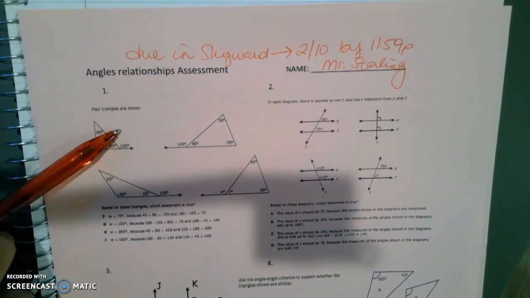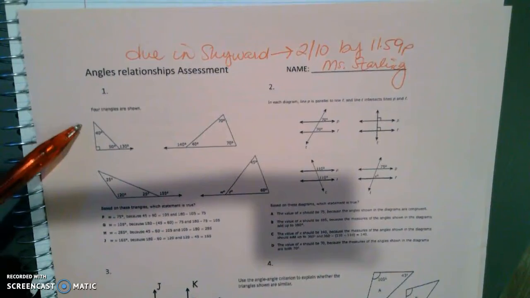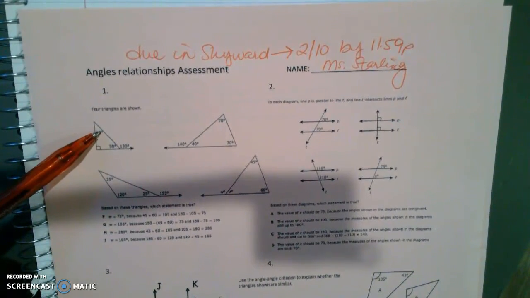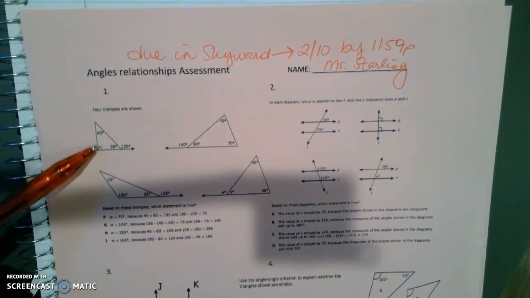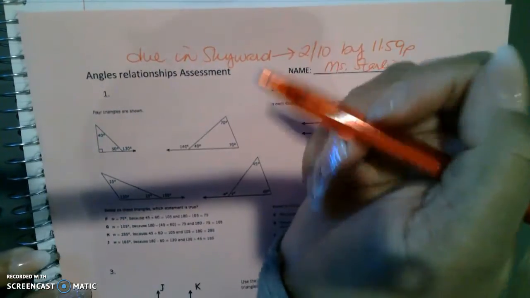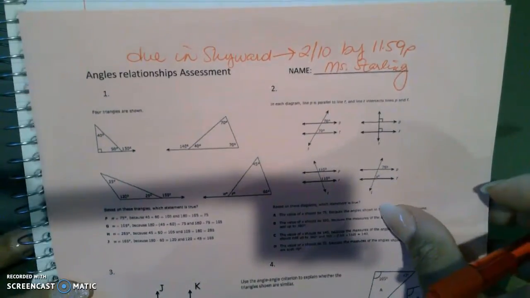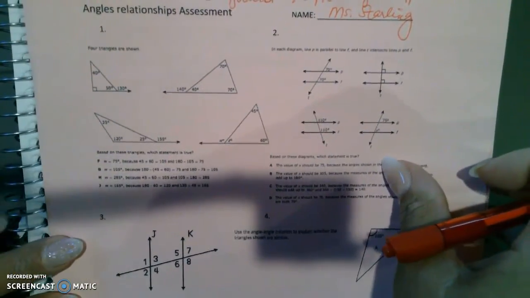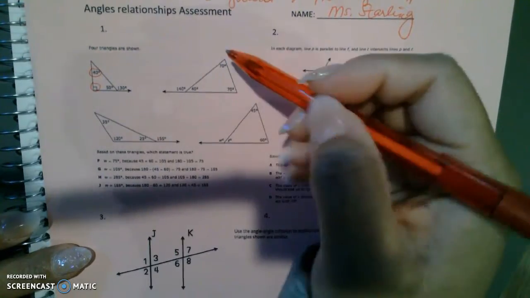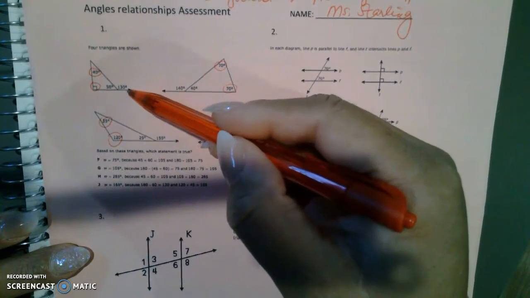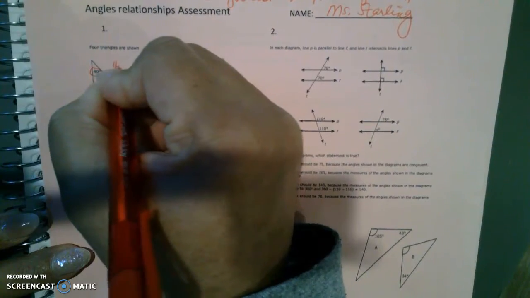Okay, so 4 triangles are shown, and what they're showing is the remote sum. This is what they want you to understand and display here. They're showing that the remote sum of these 2 angles, these 2 angles, and these 2 angles, when added up, equal this exterior angle here. So this is 40 plus 90.